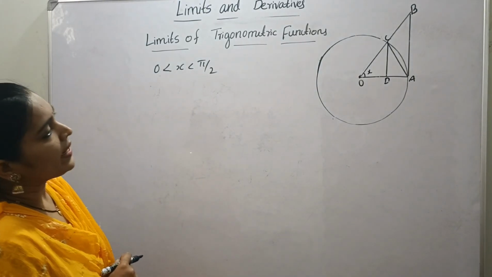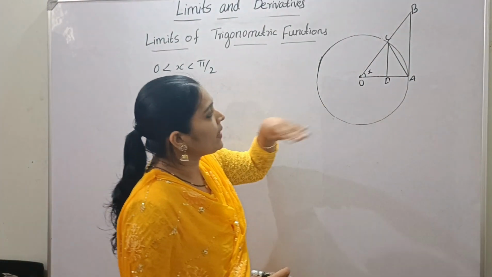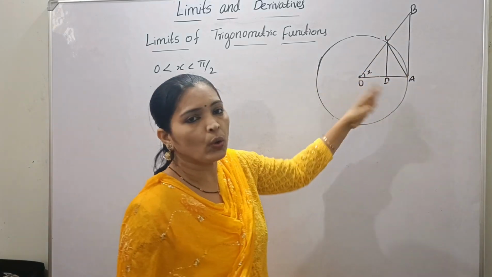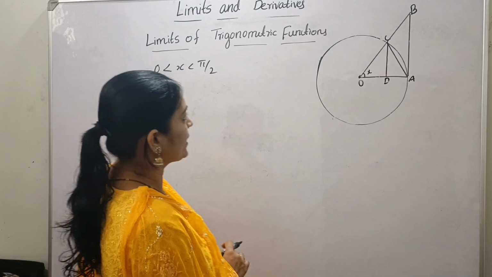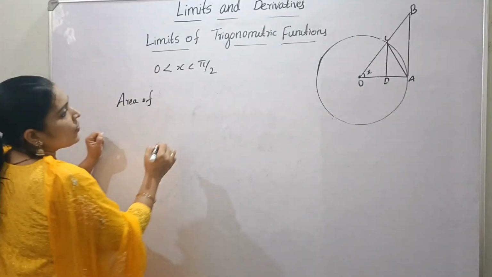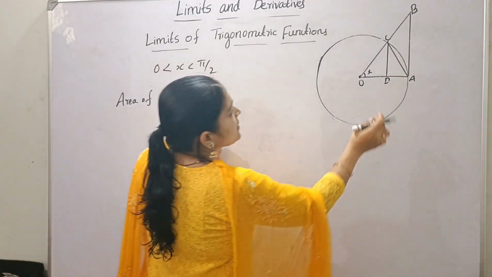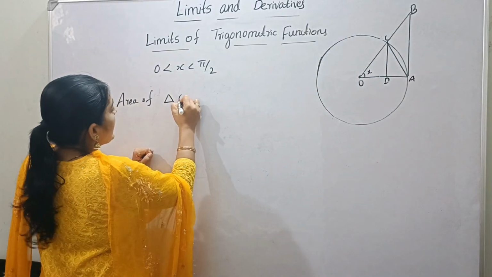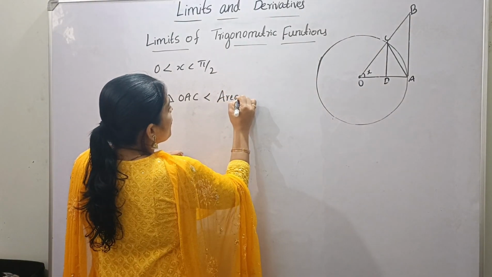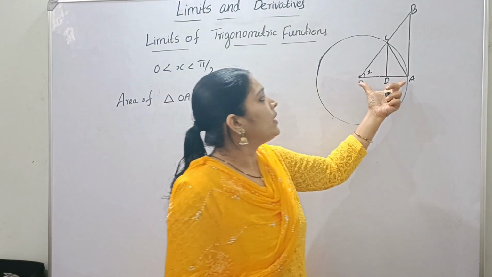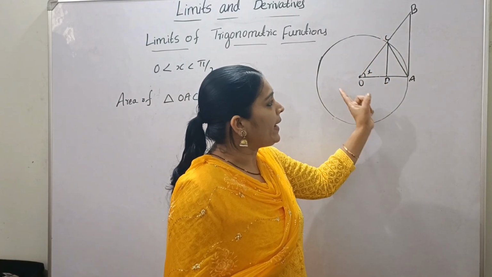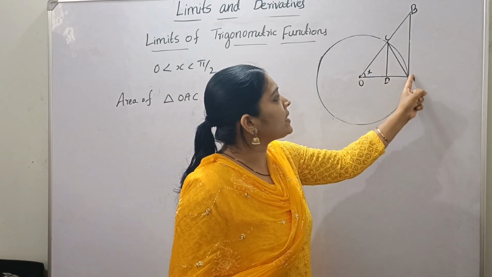Here CD and AB are perpendicular to OA. O is the center of this unit circle. Here we can write area of triangle OAC is less than area of sector OAC.